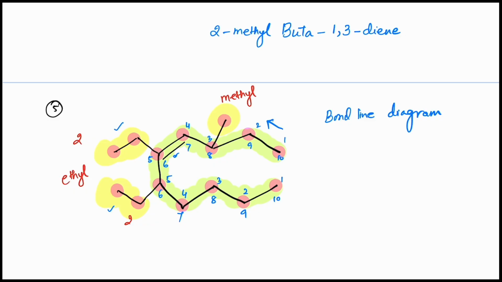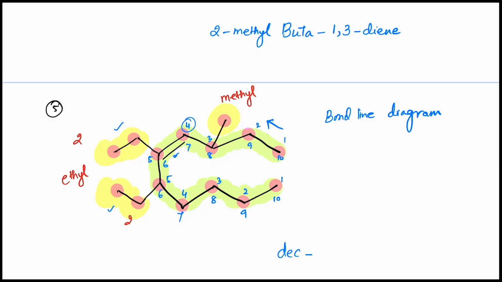Alright, so we have everything to write our name now. There are 10 carbon atoms in the parent chain. So the name of this compound will be deca or dec. Then the position of the double bond is at carbon atom 4.